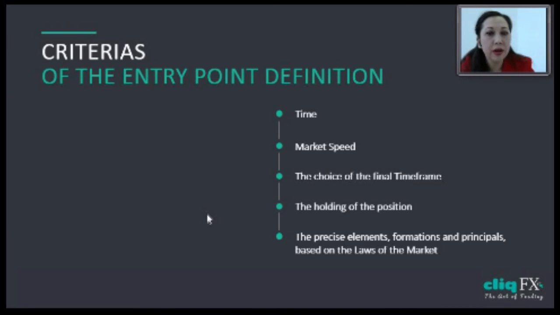Next criteria is market speed. It's very important. So you have to choose for yourself what market speed is suitable for you. Would you like to trade when the market is active, or is a little bit muted? What works best with your personality?